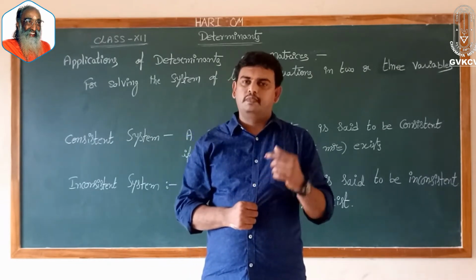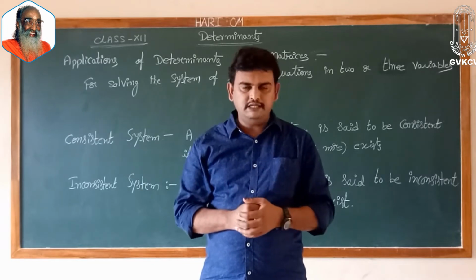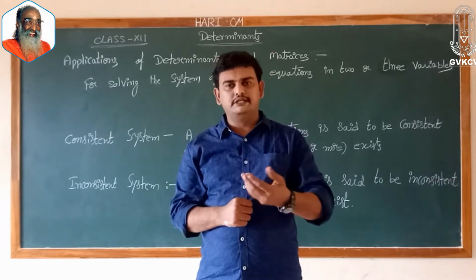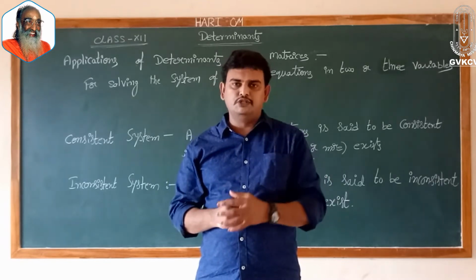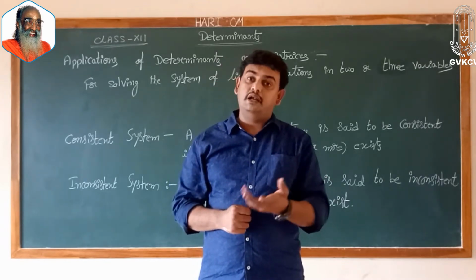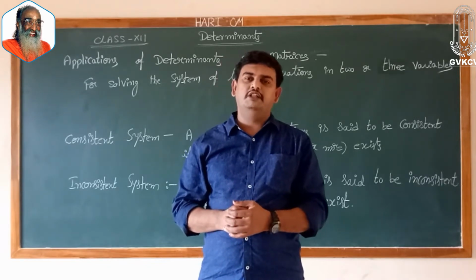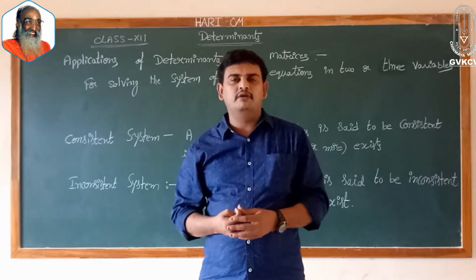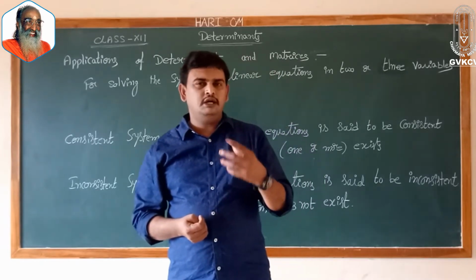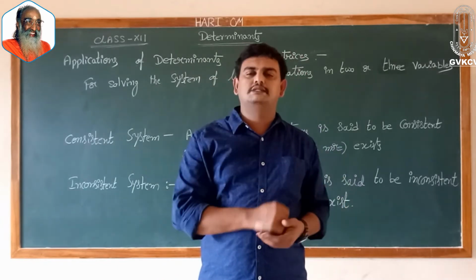Type 1, intersecting lines. Type 2, parallel lines. Type 3, coincident lines. When the lines intersect, we have only one solution. When the lines are parallel, we don't have a solution. When the lines coincide, we have an infinite number of solutions. So here the solutions depend on the lines.